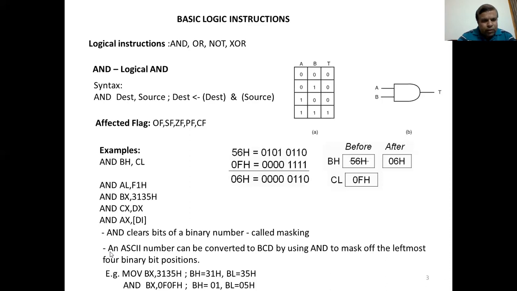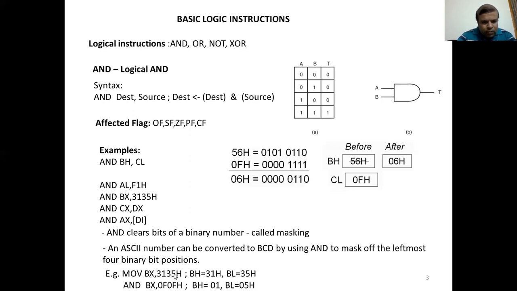Another use of this AND instruction: an ASCII number can be converted to BCD by using AND to mask off the leftmost 4 binary bit positions. Here is an example.